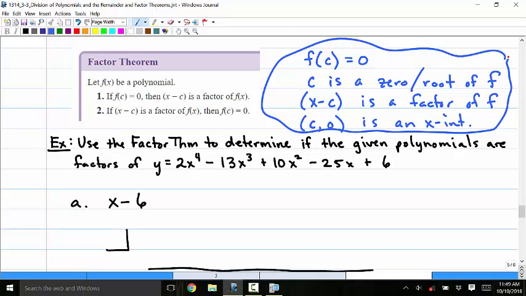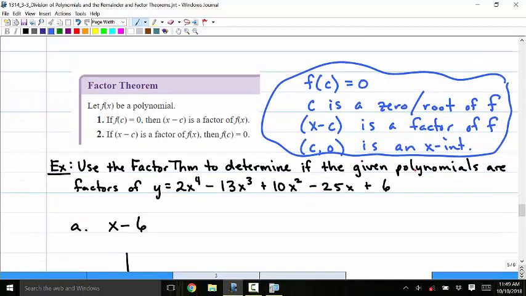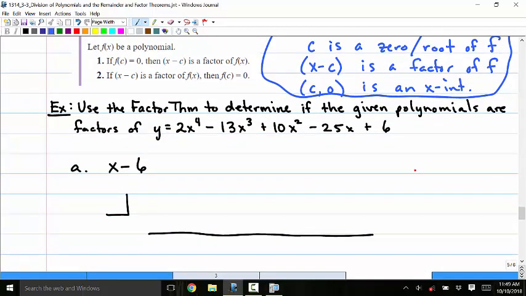So use the factor theorem to determine if the given polynomials are factors of that polynomial. Is x minus c a factor? So what number is going to go in the half box? A 6. What are the coefficients across that first line? 2, negative 13, 10, negative 25, and 6.